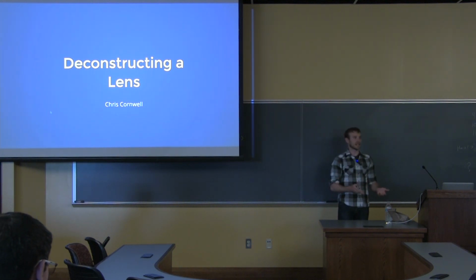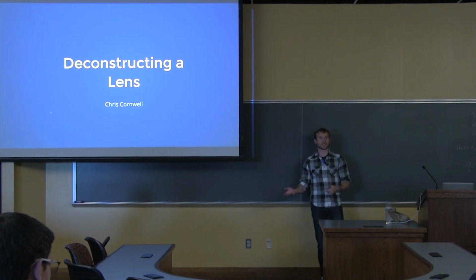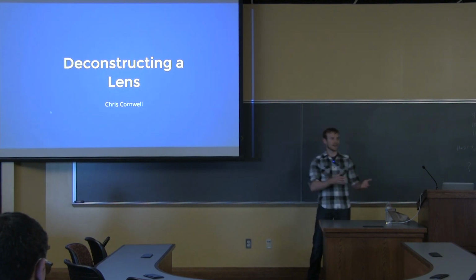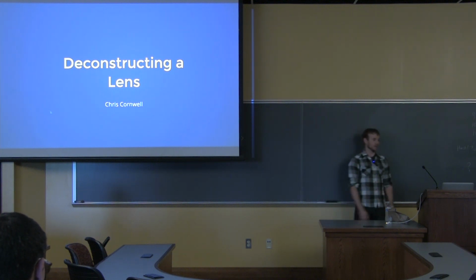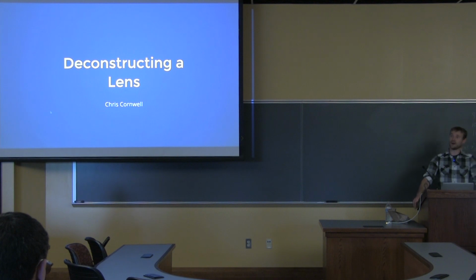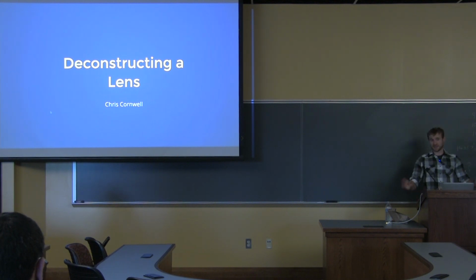Like if I call a function, I can look up the signature, I can look up how it's implemented, and I can pretty easily go okay, well, I get how that's taking my input and giving me this output. But when I try to do that with Lens, I did not have that experience at all. It was just something that seemed totally magical to me, and it was not clear.